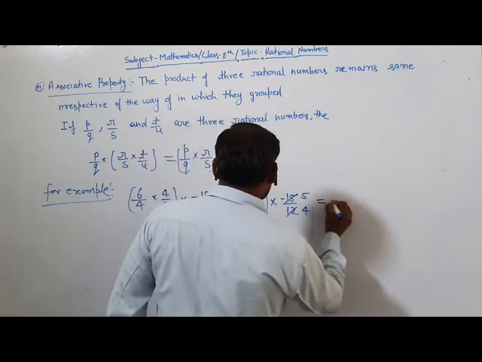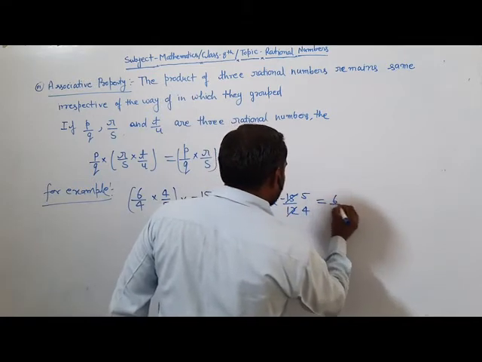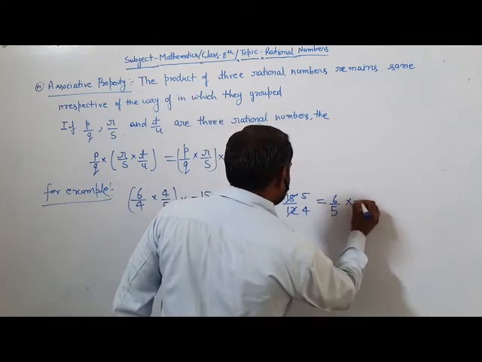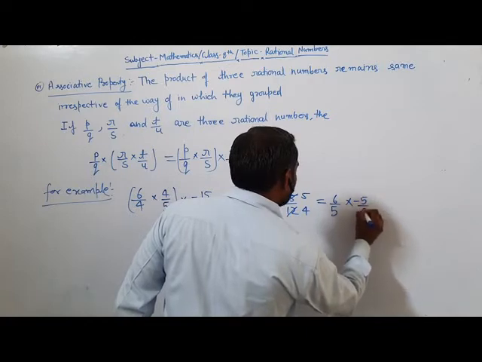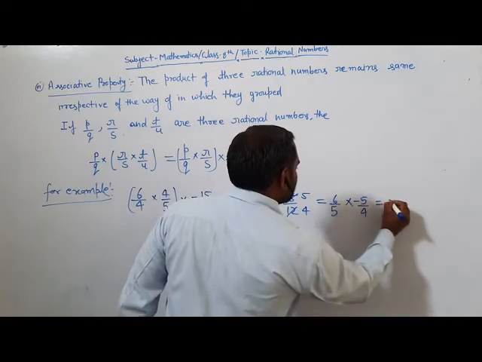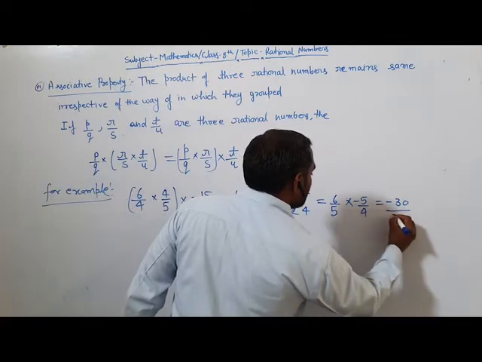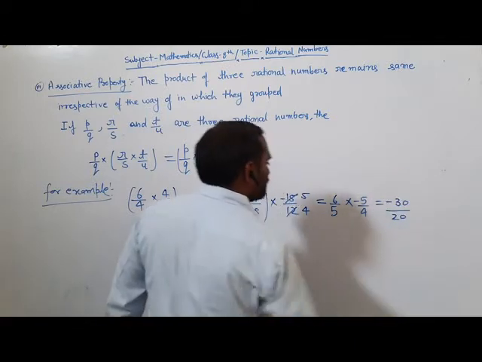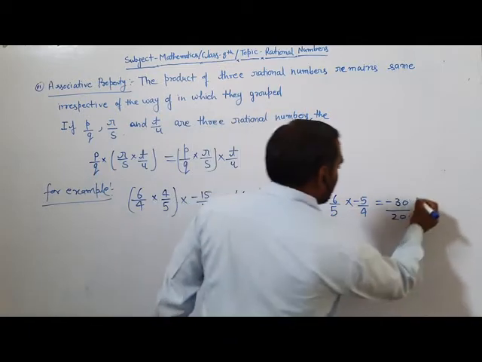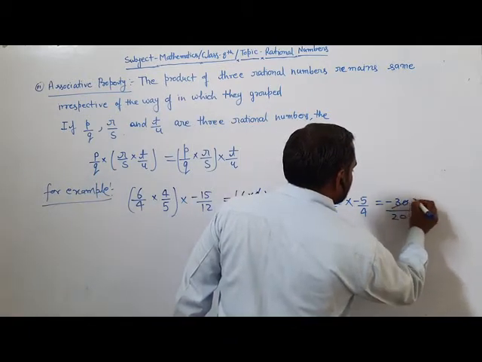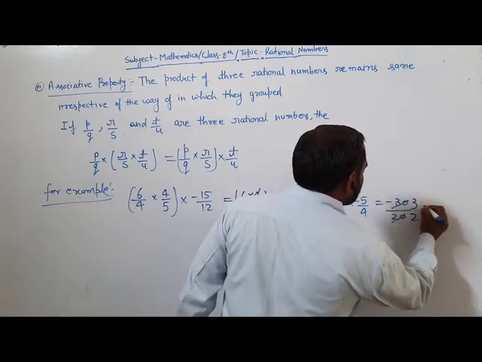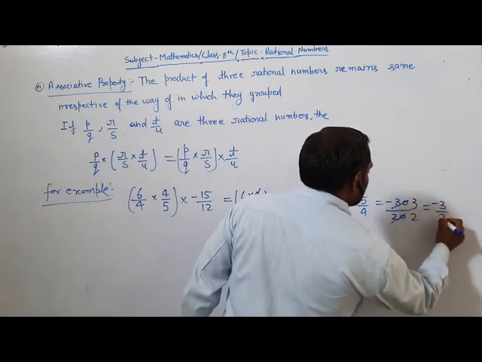Equal to 6 by 5 into minus 5 by 4, equal to 6 fives are minus 30, 4 fives are 20. You can also divide it: 10 threes are 30, 10 twos are 20. Equal to minus 3 by 2.